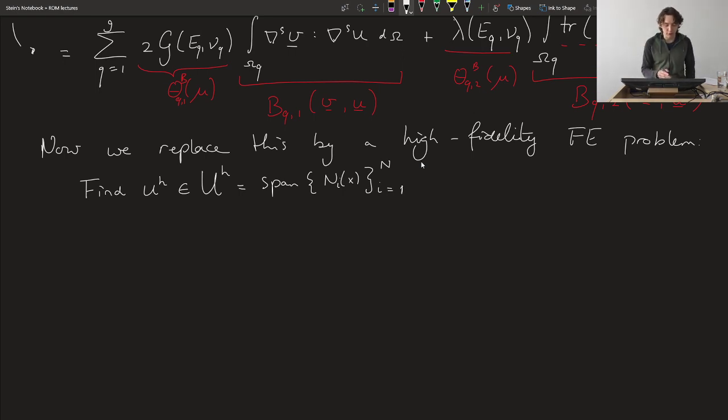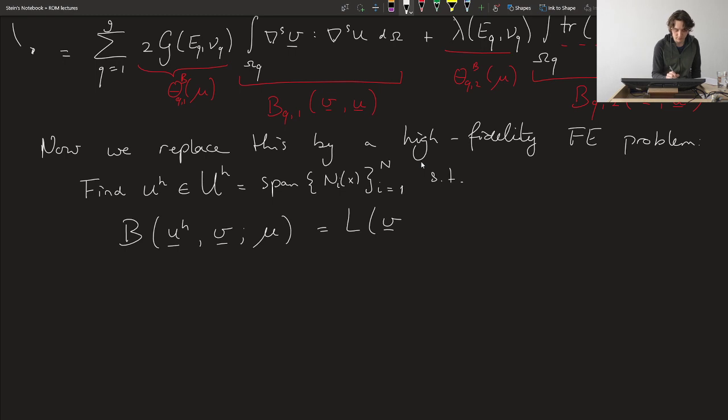So we're going to look for a solution that lies in this space. It's going to be very expensive to find, but still such that the bilinear form a(u_h, v), again with a parameter dependence in there, is equal to the linear form f(v), which also might have parameter dependence. And that has to hold true for all possible test functions v, also in U_h.